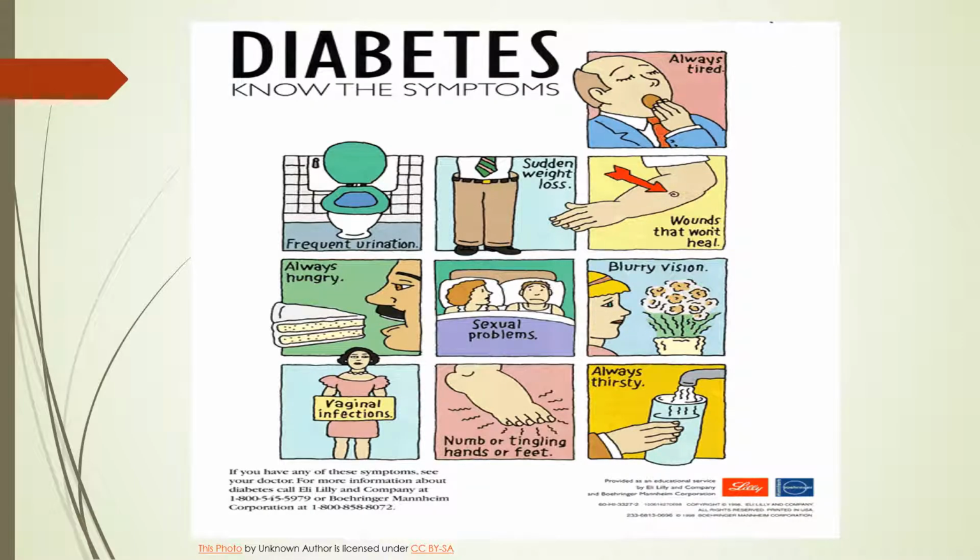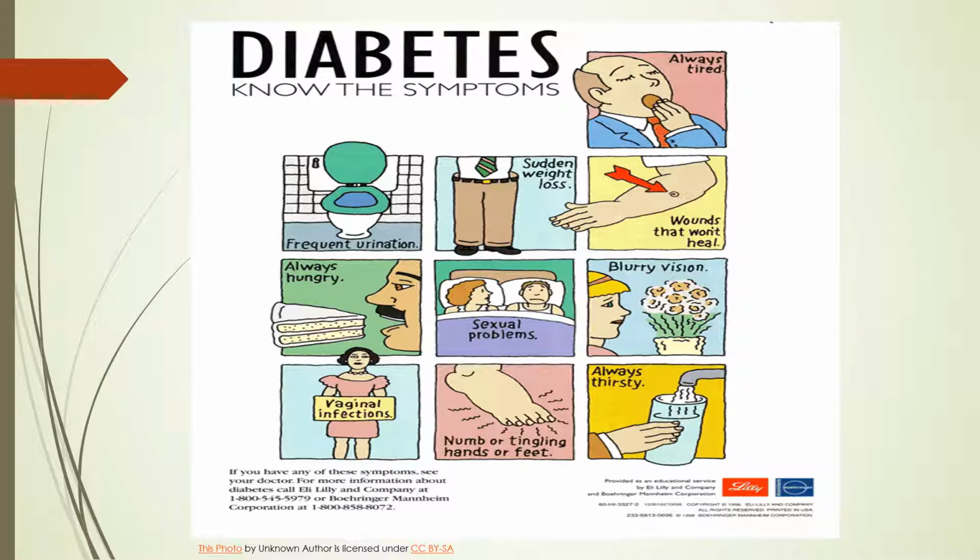These are symptoms of diabetes. You might have a student with no history of diabetes, but you notice they're going to the bathroom a lot, or they're drinking a lot. You might mention this to the nurse.